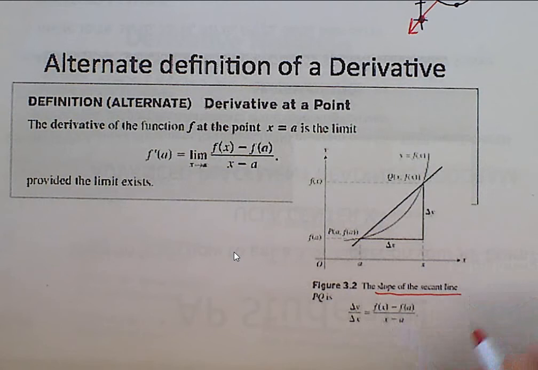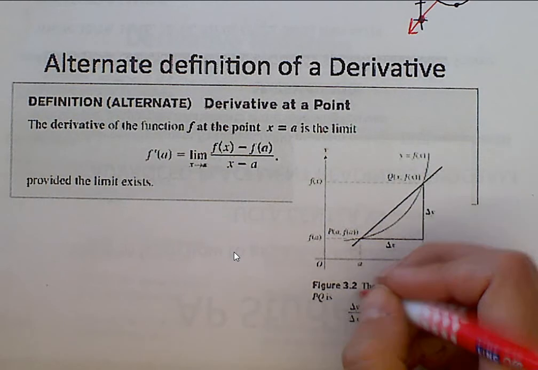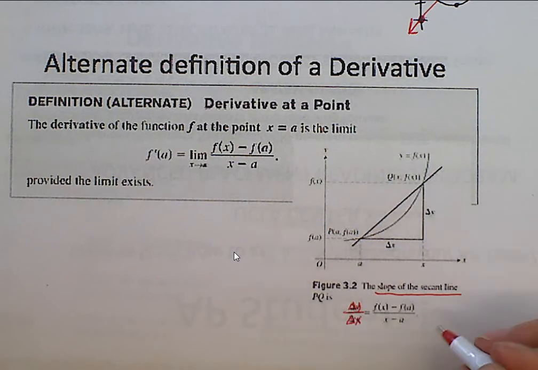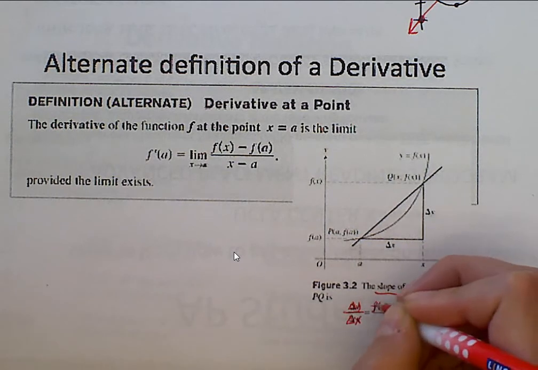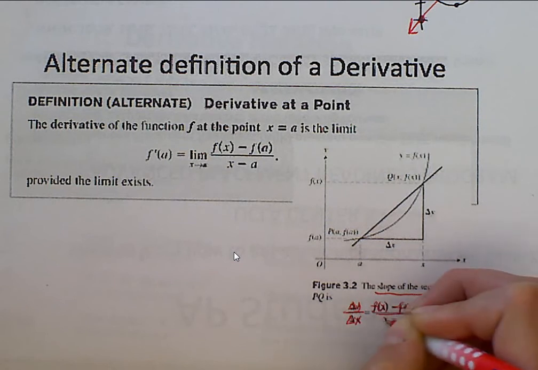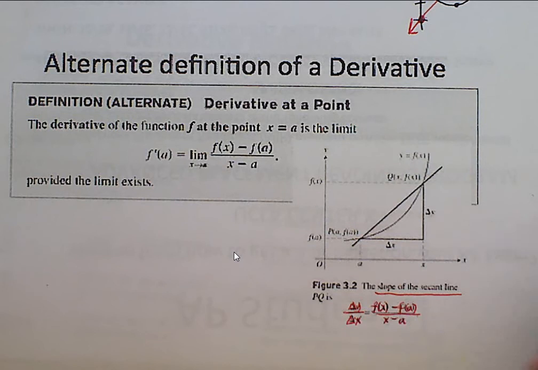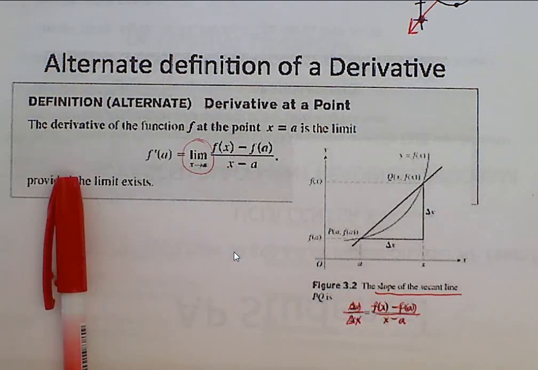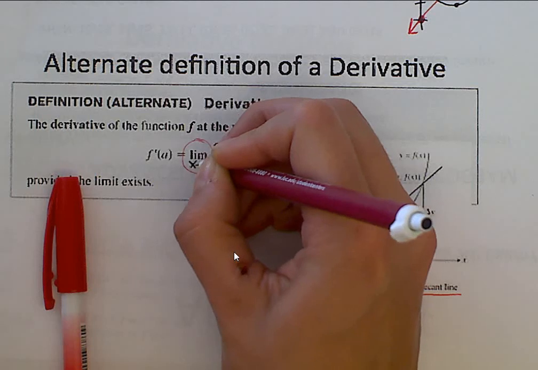Down here it says the slope of the secant line is change in y over change in x, which is f of x minus f of a over x minus a. But we're looking at it as the limit as x approaches a.